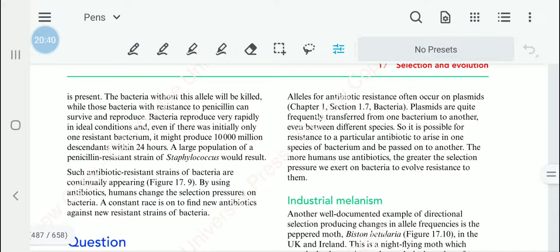So we use antibiotics to change the selection pressure on bacteria.